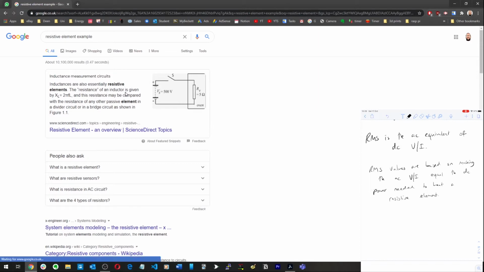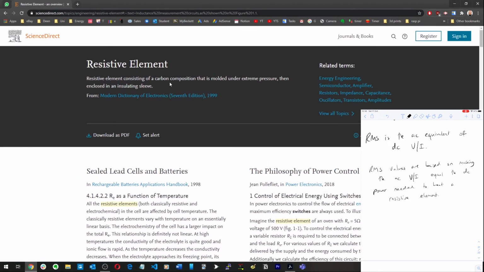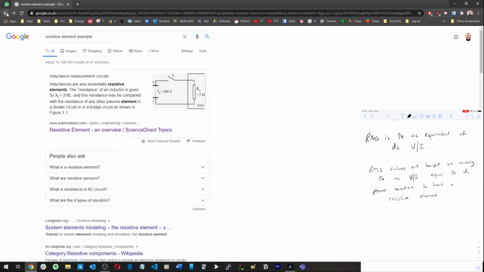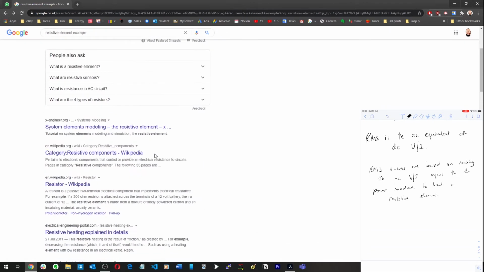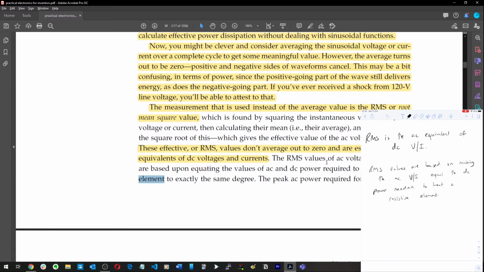The resistance of an inductor is given... Yeah, I'm not really following. I'm a bit stuck on that one, but that's fine. Okay. I'll just take it to mean a component that has resistance.